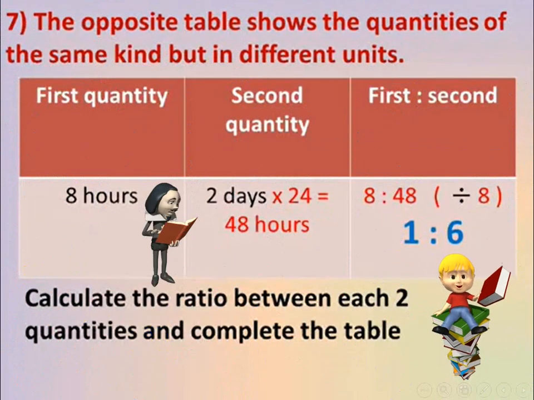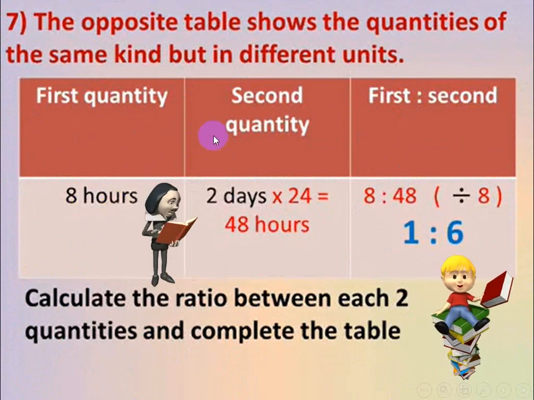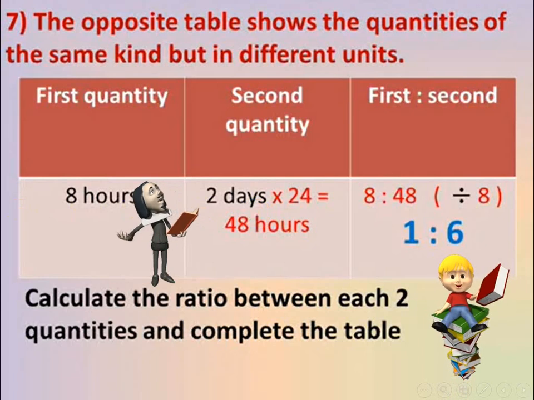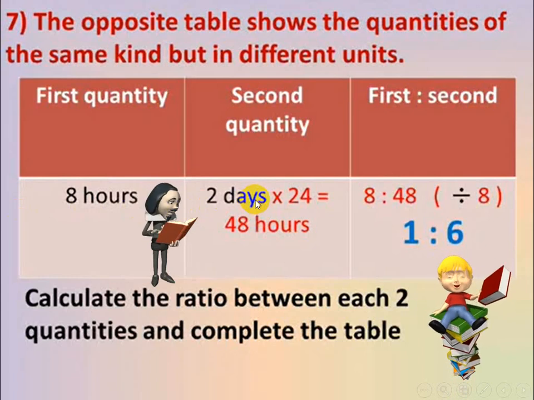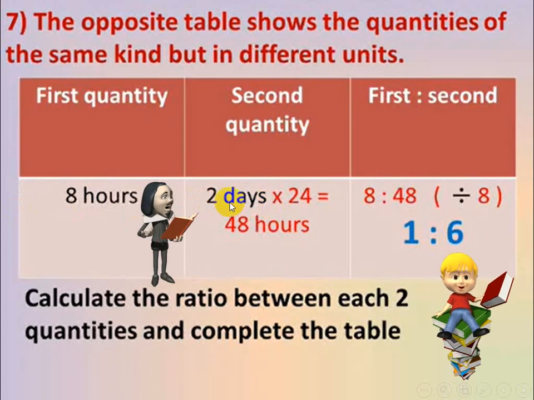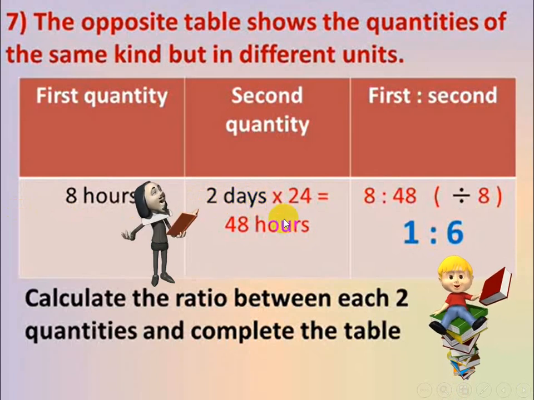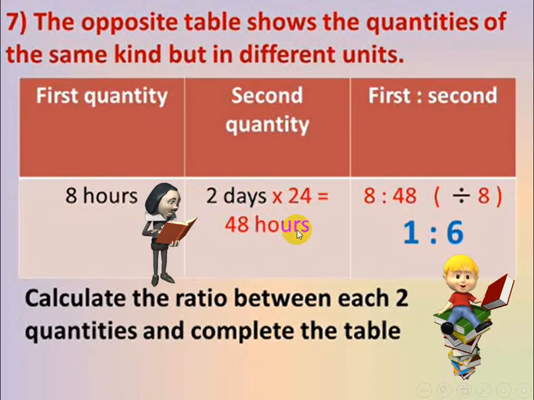The next question, first quantity 8 hours, second quantity 2 days. I think I will convert the 2 days. 1 day equals 24 hours. Then 2 days equals 2 times 24 equals 48 hours.